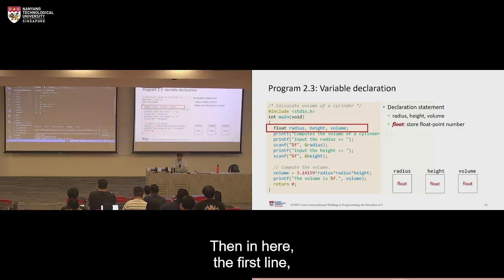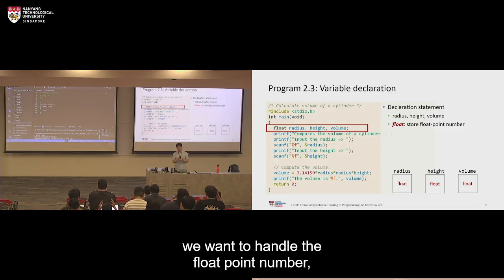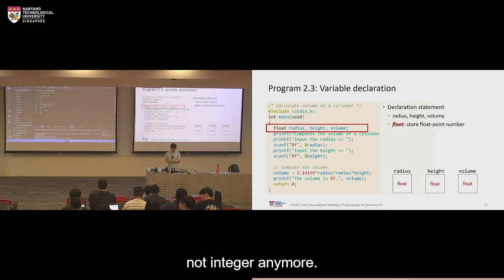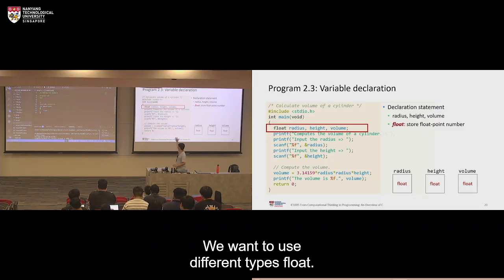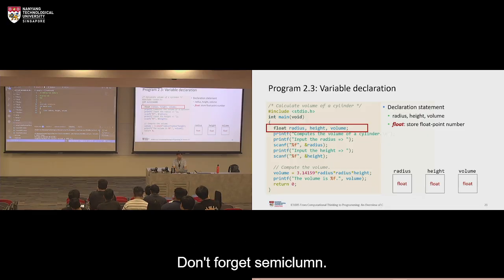Then in here, the first line, float, not int, because we want to handle floating point numbers, real numbers with a decimal place, not integers anymore. So we want to use a different type, float. Then we need 3 variables: radius, height of the cylinder, and volume. And don't forget the semicolon.